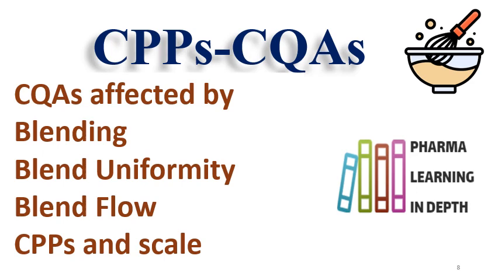So if you understand the CQAs affected by blending process, these CQAs will be blend uniformity. That means uniformity of the content in the blend or blend homogeneity. The blend is homogeneous or not, that will be affected by the blending process.